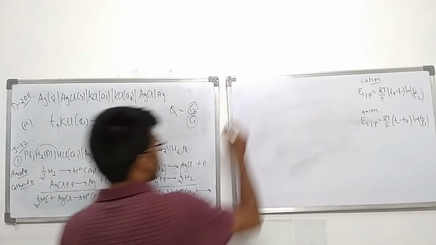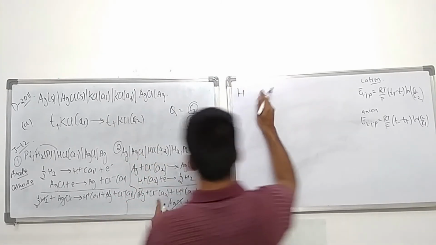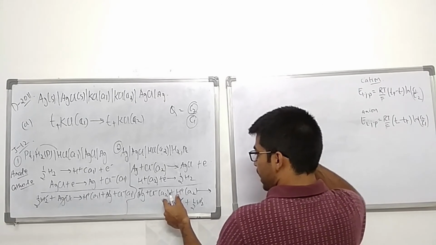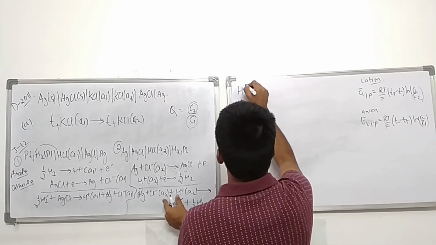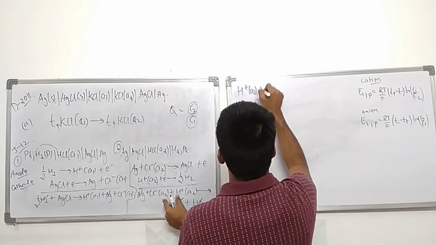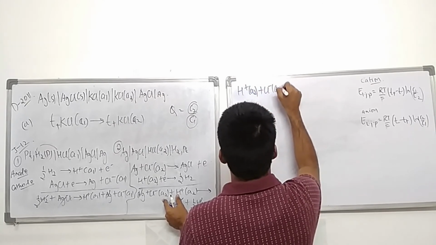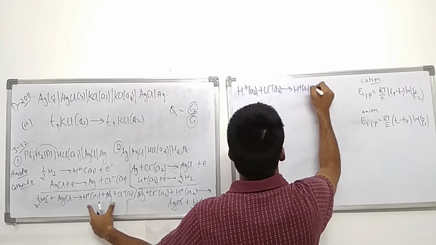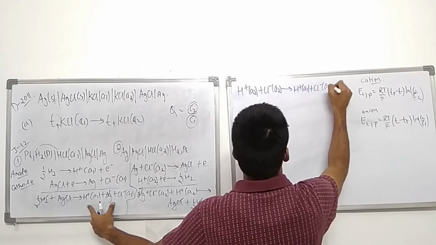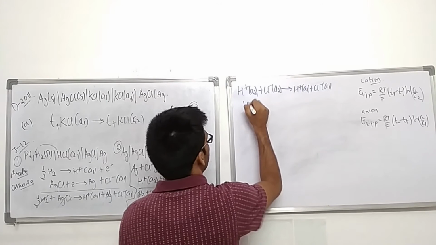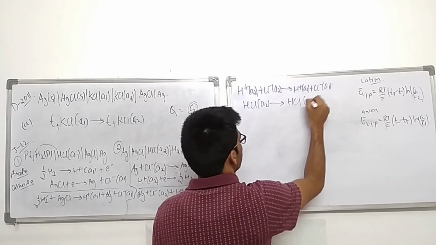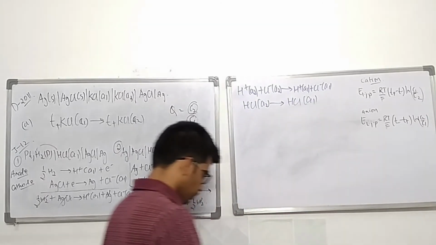What I am left with is, on the reactant side, H plus A2 plus Cl minus A2, which gives H plus A1 plus Cl minus A1. So I can write HCl A2 gives HCl A1.